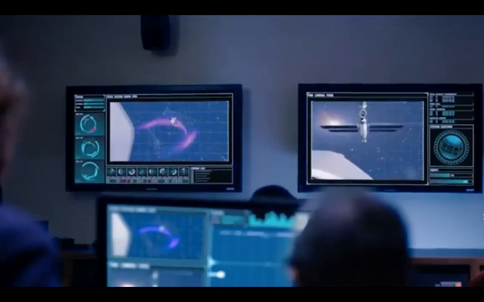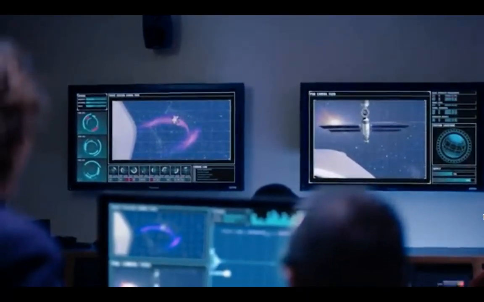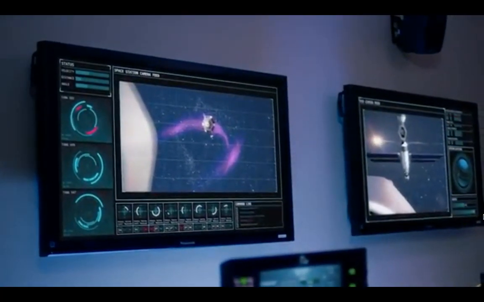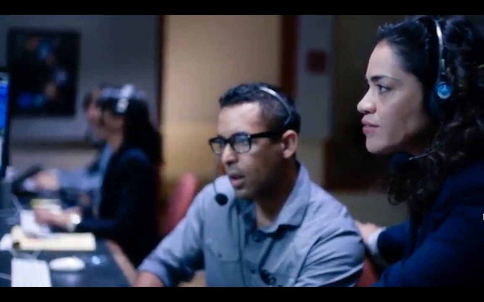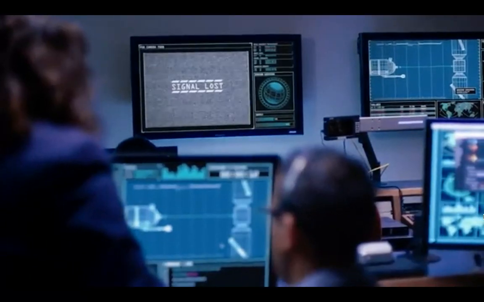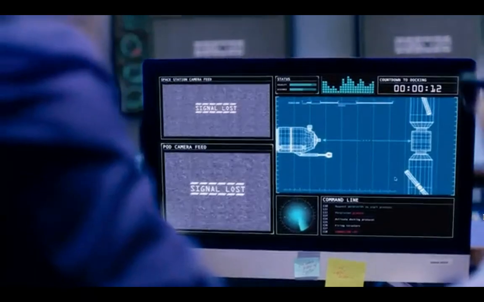Okay, this is Dr. Anna Gonzalez in Mission Control. Permission to start docking protocol. Permission granted. Okay, go for it, Greg. Docking protocol activated. Okay, 20 seconds. Nice and steady, just like last time, okay? Use the thrusters to reduce speed. Copy that. Firing thrusters. Okay, almost there. No, what? Okay, video's out. Somebody talk to me. We've lost all communication with the pod. Okay, try to reconnect. Start up backup systems.